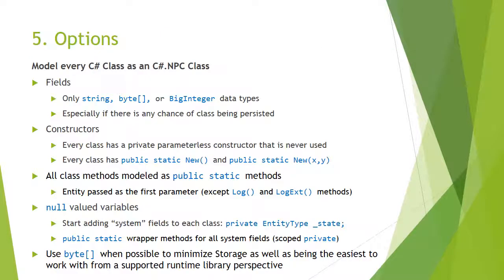Okay, so let's look at our solution options for addressing the problem of the differences between C#.Neo and C#.MS. We've done that analysis. We understand the discrepancies. So what do we actually have available to us as options in terms of coming up with a solution?